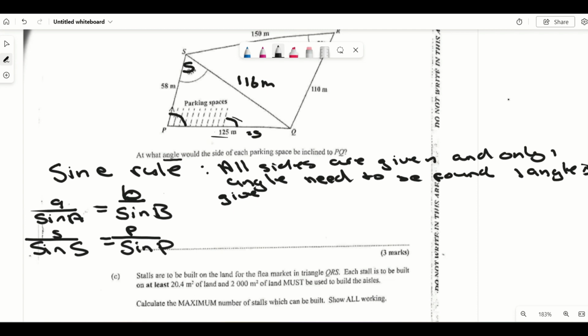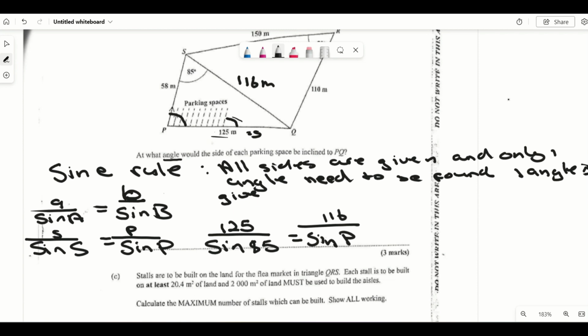Right, so now let's put it in the formula. We have s, which is 125 over sine S. The sine S is 85, is equal to p, which is 116 over sine capital P, right?